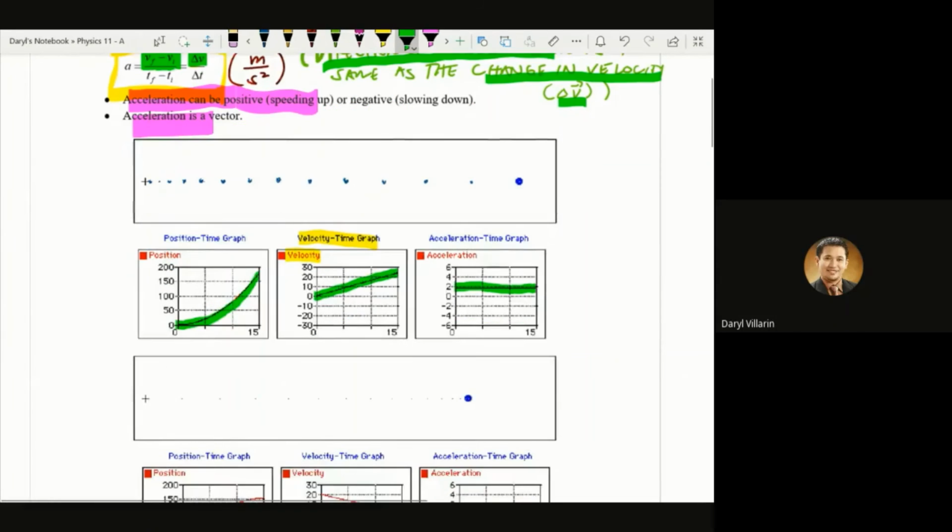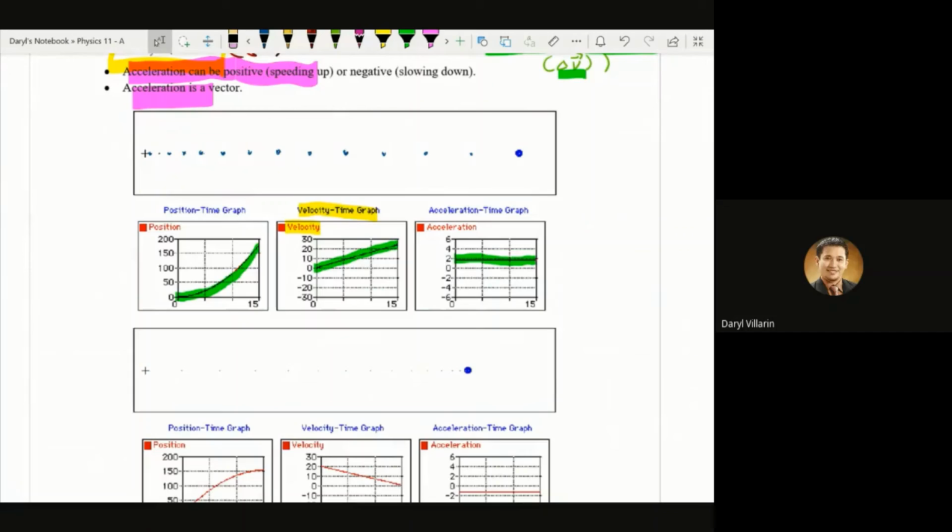If we check another motion of an object, it starts from here, and the distance it traveled decreases. Again, the distance in this motion diagram decreases.